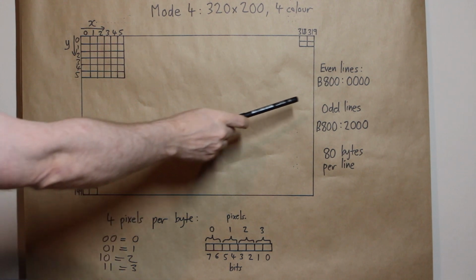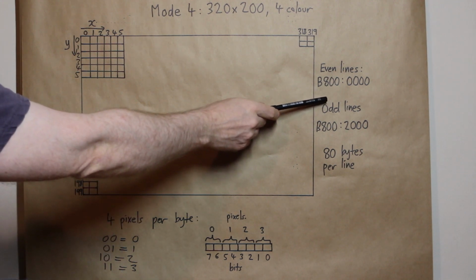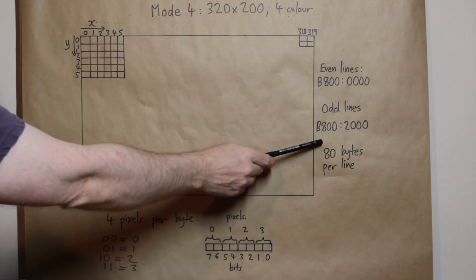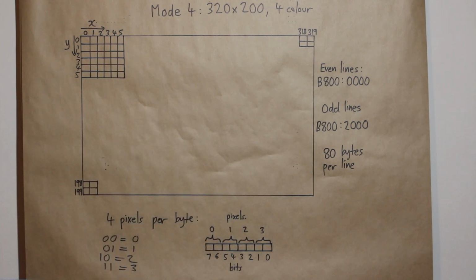So there's actually 192 extra bytes left over at the end of the even bank and another 192 bytes left over at the end of the odd bank. And these just aren't used. You can put whatever data in them you like. Of course, it's not fast memory. Video memory is much slower than main memory typically. So it's not particularly useful, but in any event you can use these 192 bytes just as extra storage.